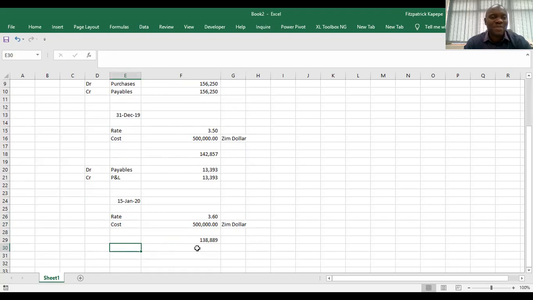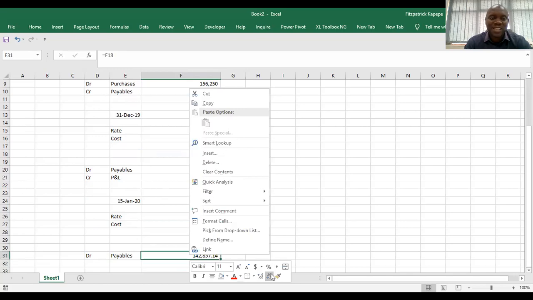So the bank is going to be credited, right? Here, we are going to debit payables. How much was payables? Payables was this. This is what we're going to debit to cancel whatever debt we had.